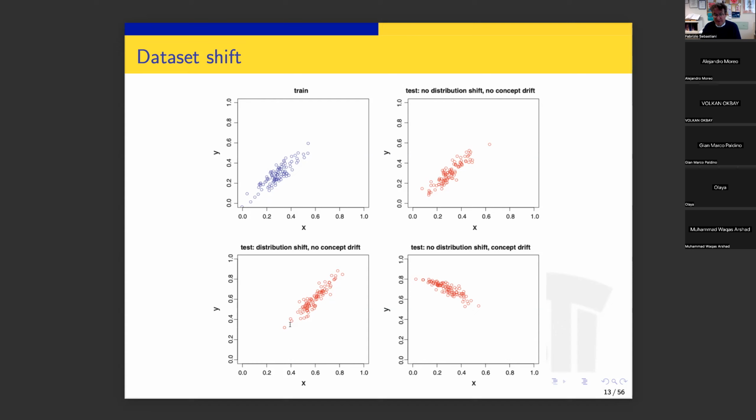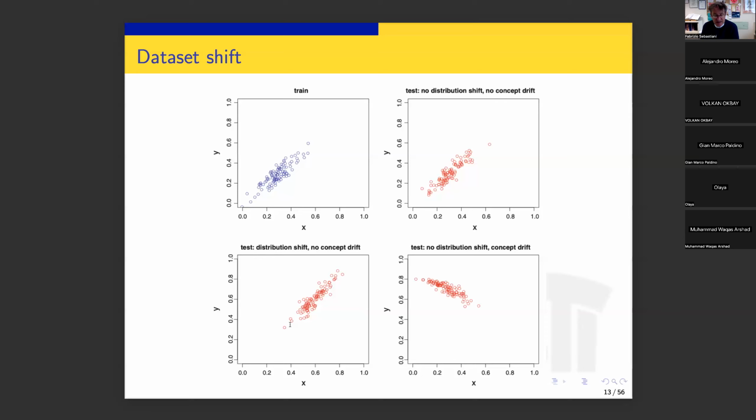Let's look at the top right panel. Here we have the unlabeled data represented by red circles, and we see that the distribution is pretty similar to the one in the training data. So we have no prior probability shift, no concept shift, no shift whatever. Here, again, there is a change in terminology. You can see that these authors speak of distribution shift, where we are going to speak of prior probability shift. Again, a sign that terminology is still variable across the literature. Let's look at the panel on the bottom left.